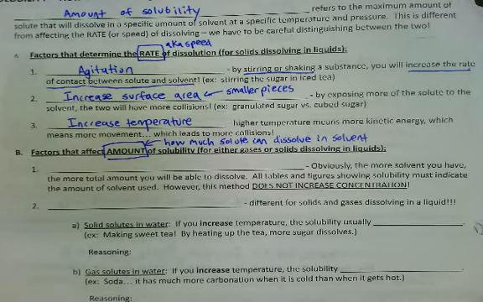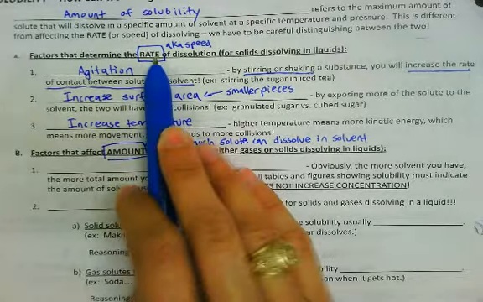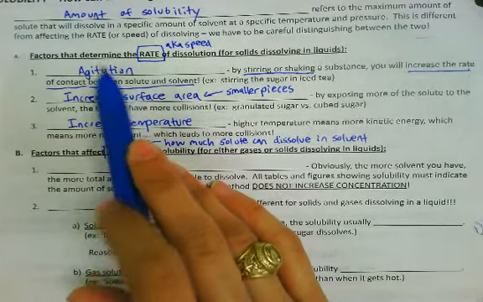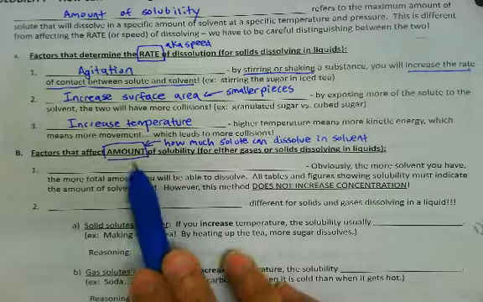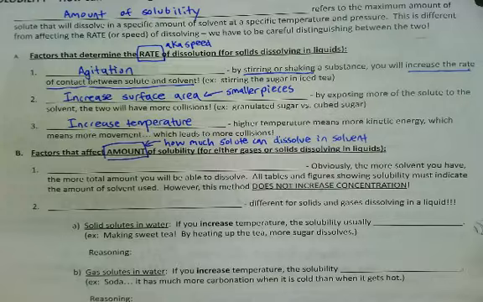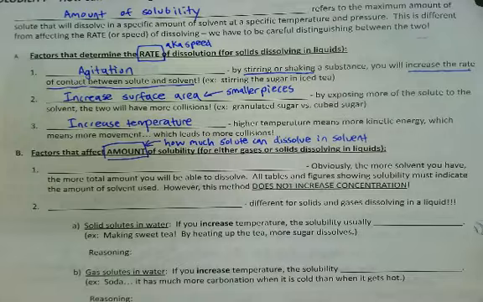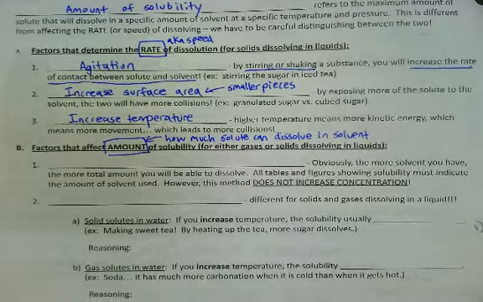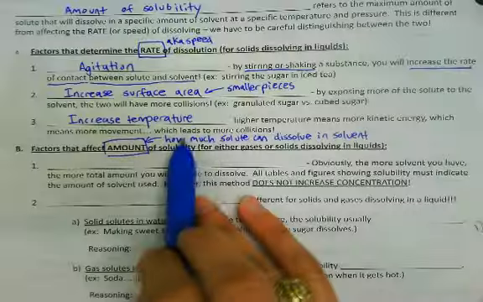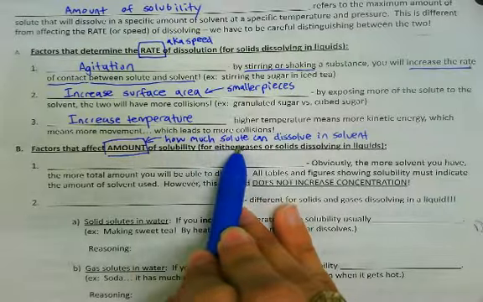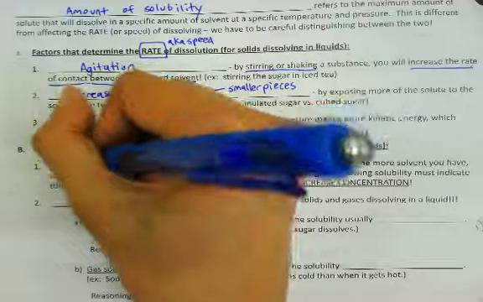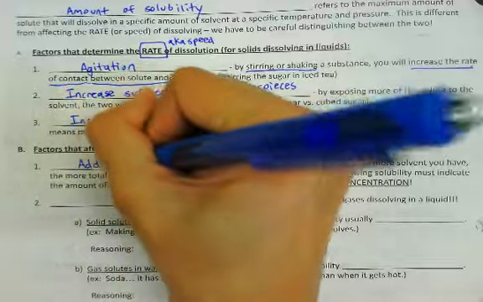Okay? You may be able to make something dissolve faster by stirring it, but stirring something is not necessarily going to increase the amount of solute that can dissolve in a given amount of solvent, like water. Okay? One thing you can do to increase the amount of solute that can dissolve is you can, of course, add more solvent.